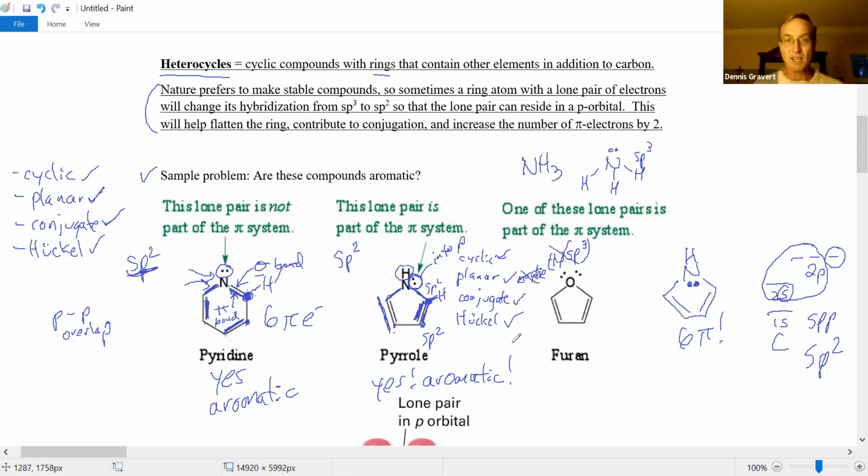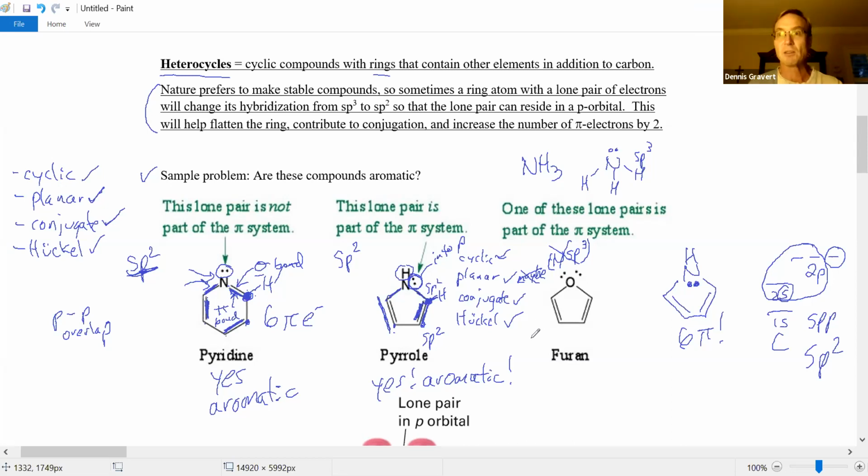Okay, so that's tricky. For those of you who like memorizing ideas, sometimes it's nitrogen, sometimes it's another element. If you see an atom making 3 bonds and a lone pair, it looks to be sp3, and it's the only atom in the ring that's doing that, Mother Nature might say, maybe I'll make it sp2 and see if I can count that lone pair as part of the pi electrons, try and get to a Huckel number.